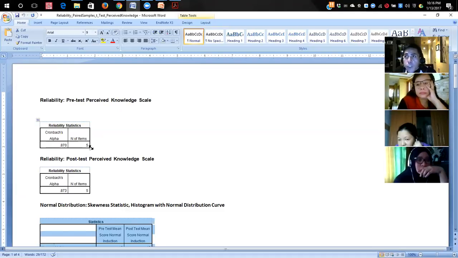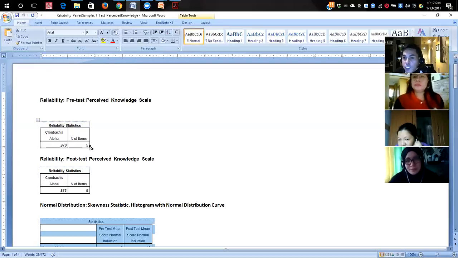You can use the Cronbach's alpha on SPSS, and it will automatically pick up and give you the Kuder-Richardson 20 statistics for reliability. It shows you how reliable your test items are in measuring the knowledge that you want to measure.